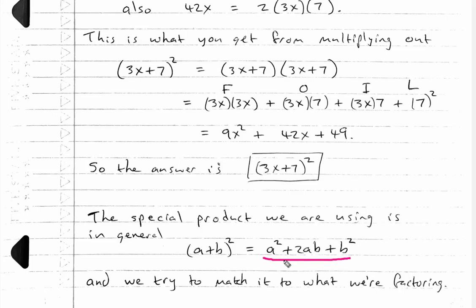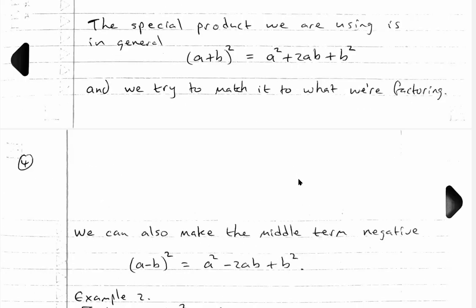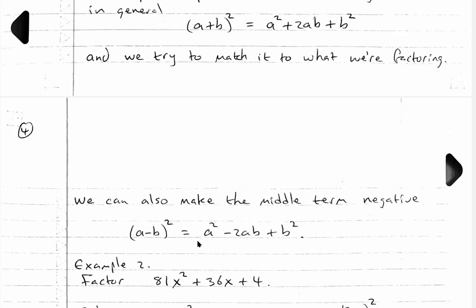If we can match what we're trying to factor to this, so the first term is something squared, the second is something else squared, and the middle term is twice those two somethings, then the trinomial factors into something squared. Oh, and you can adjust the sign in the middle to make the middle term negative as well.